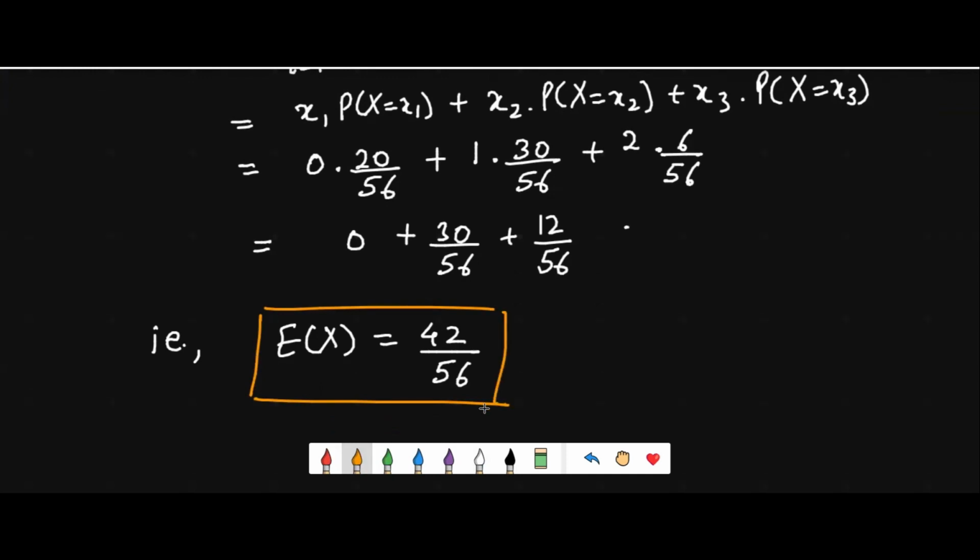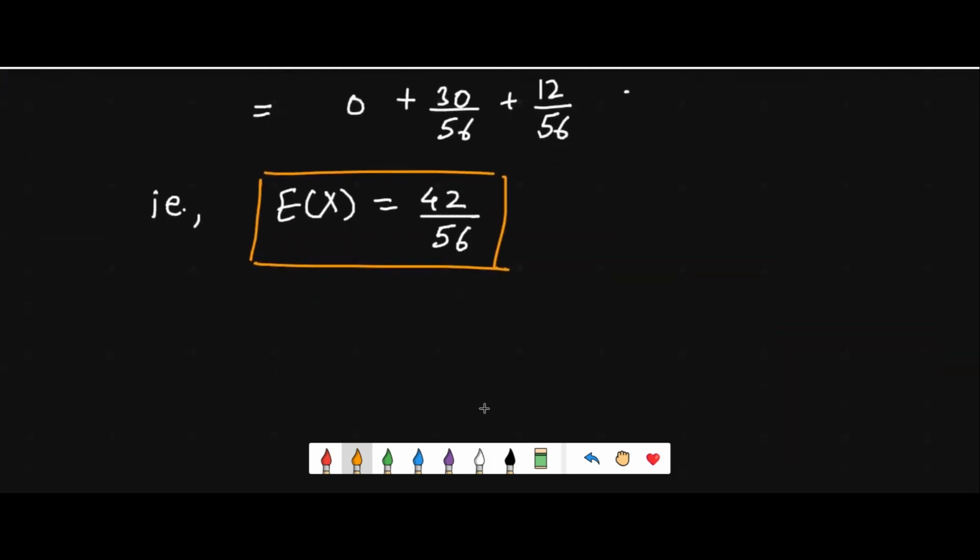If the variance would be asked in this case, we could easily calculate the variance as well. So the variance formula is E of x square minus E of x whole square.